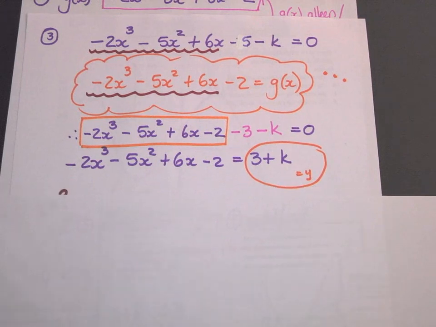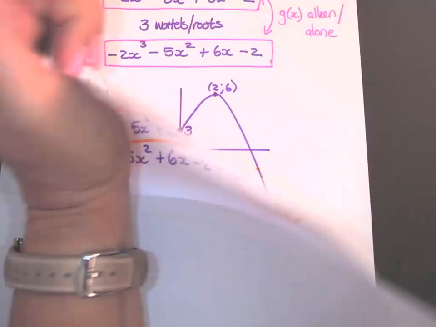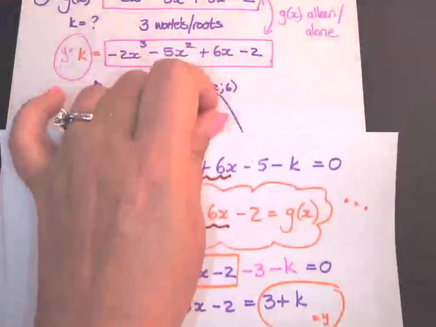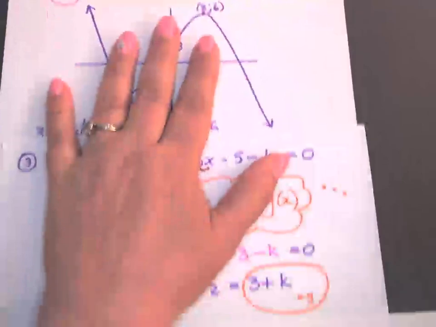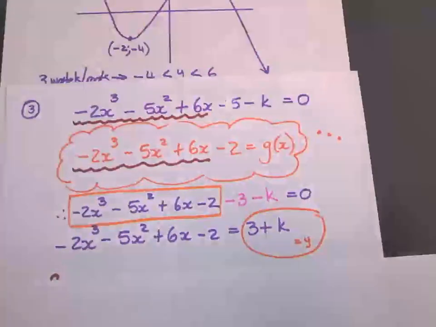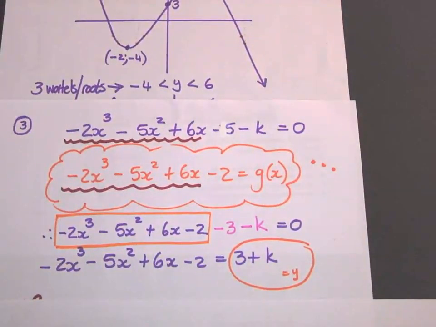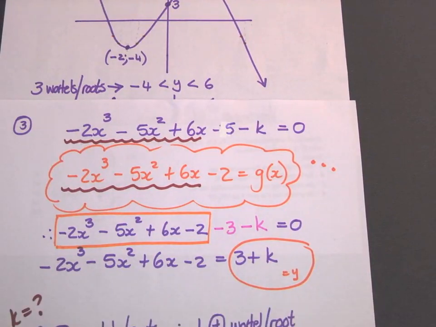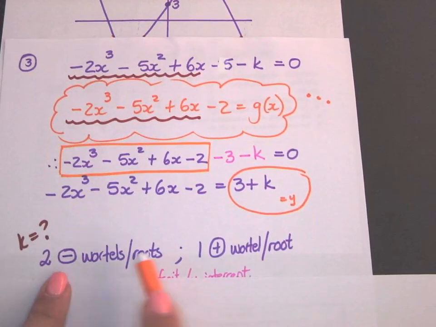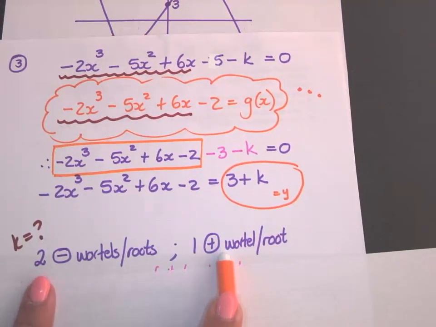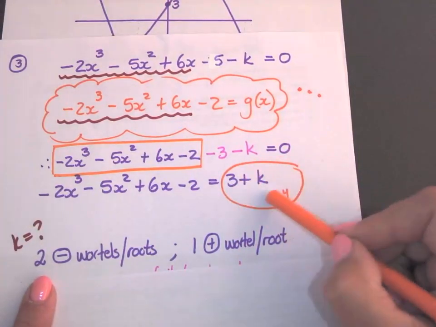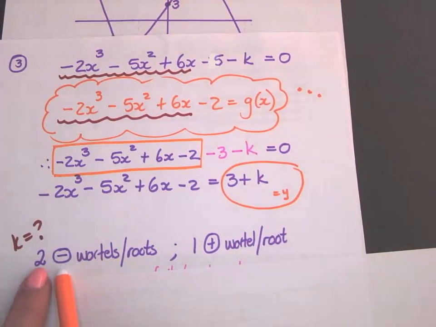Okay, now, where's my graph? There's my graph. Now I want 2 negative roots and 1 positive root. What must the value of y be to have 2 negative roots?